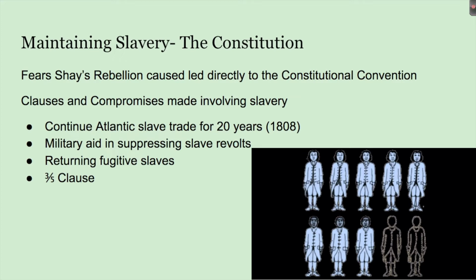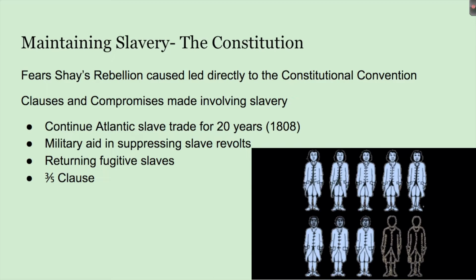They wanted to get rid of it immediately, but there was pressure from South Carolina and Georgia, who said that they still had a labor shortage and needed more slaves to help run their economy. So that stayed in there.